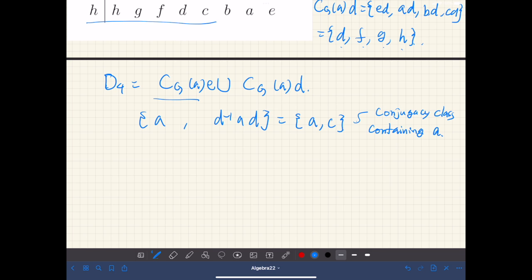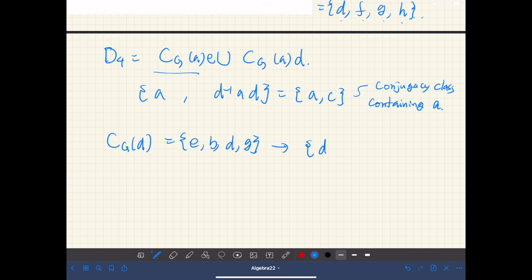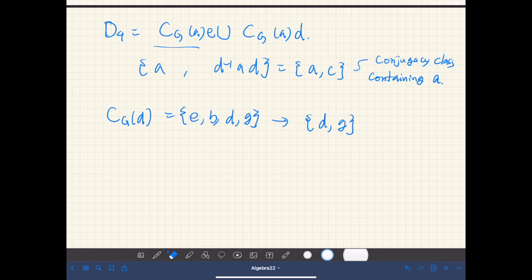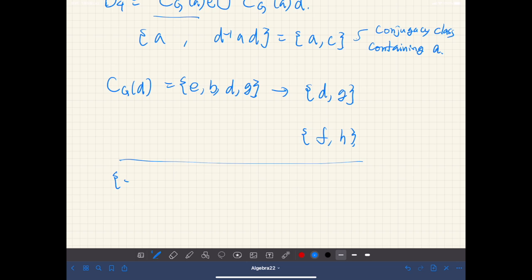And in the same way, we can find the centralizer of D as E, B, D, G. And from this, the conjugacy class containing D can be found as D and G. And also, we can find another conjugacy class containing F, which is F and H. So from all these, we find all the conjugacy classes: E, B, AC, DG and FH.